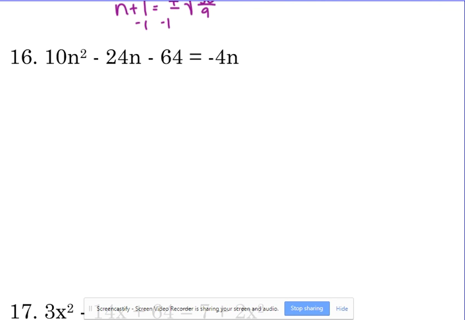Okay, let's look at number 16. 10n squared minus 24n minus 64 equals negative 4n. Our variables need to be on the left side. Our constants need to be on the right side. So we are going to add that 4n in, and we're going to add the 64.